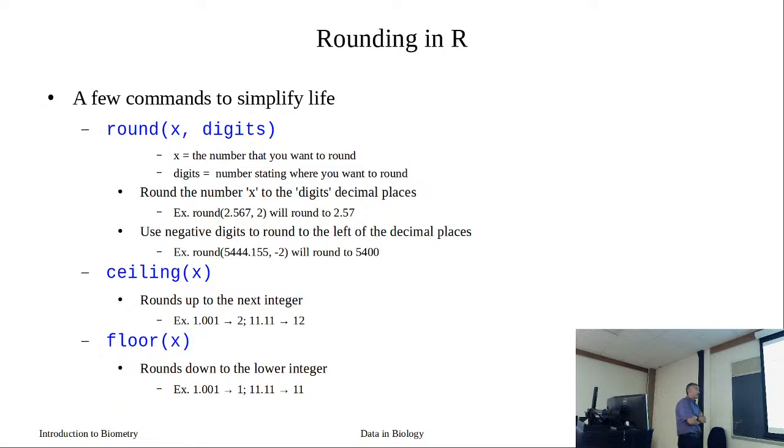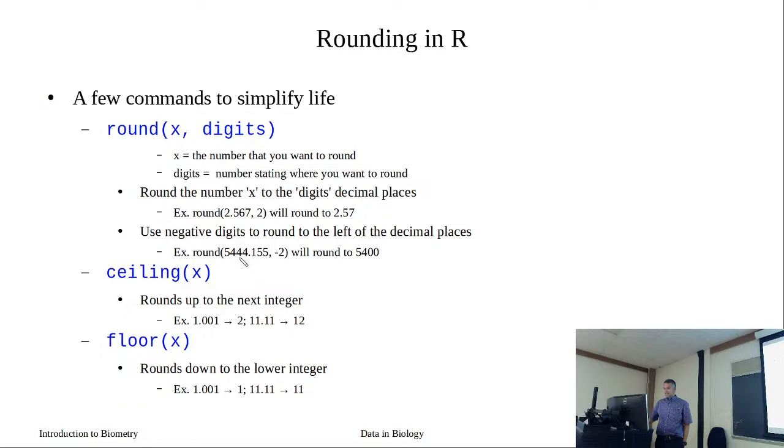What if we wanted to round, instead of decimal places, to the tens place or the hundreds place because we're working with a big number? Well, then for our digits, we're going to have to use a negative. As I said, a 0 represents the ones place. If we wanted to round to the tens place, we use a -1. So digits equal 0 rounds to the ones place.